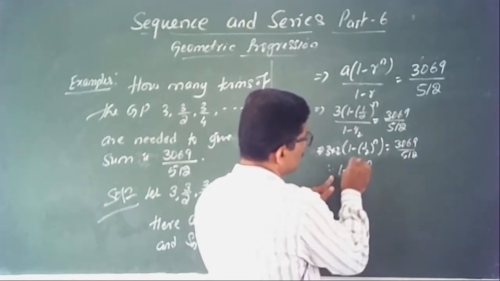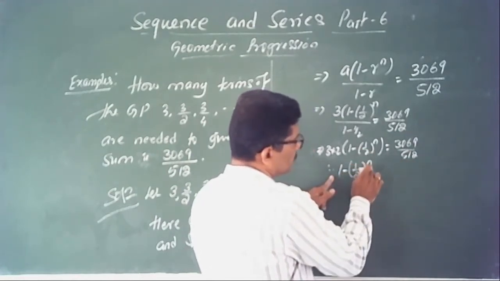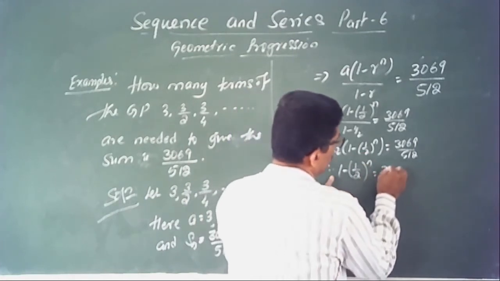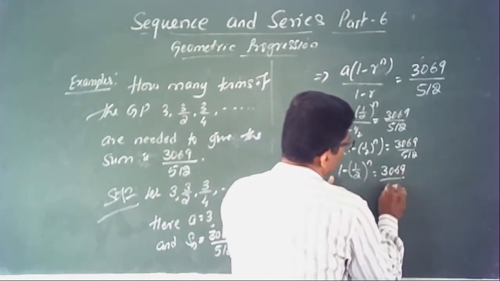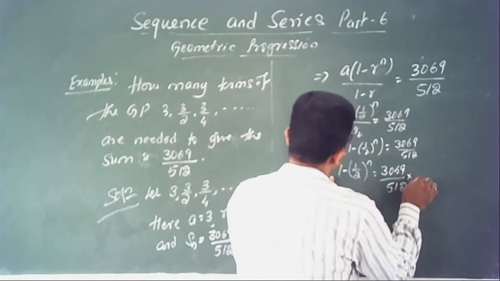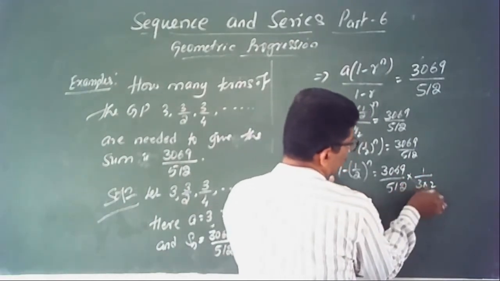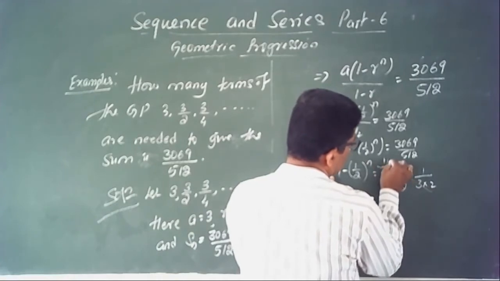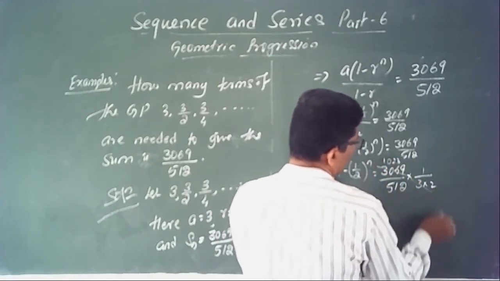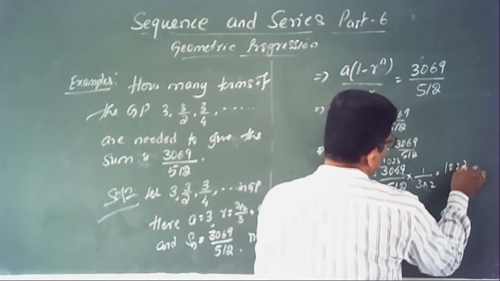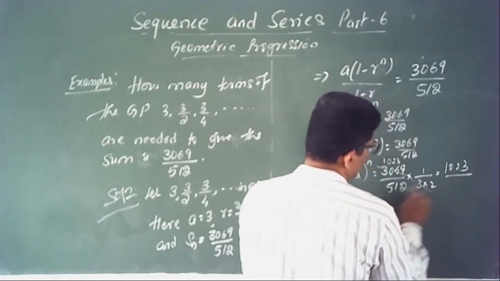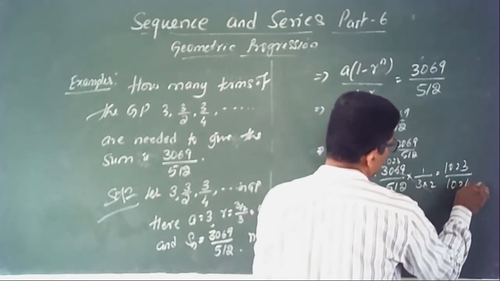Therefore 1 minus 1 by 2 to the power n is equal to 3069 divided by 512 into 1 divided by 3 into 2. Simplify: 3069 by 3 is 1023. It means 1023 divided by 2 into 512, which means 1024.